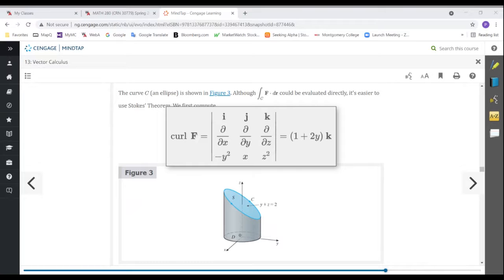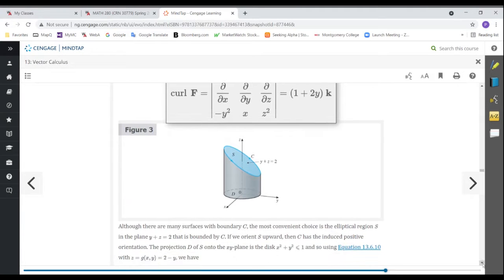In figure 3 you have a picture of the intersection between that cylinder with radius 1 and the plane y plus z equals 2. There is the intersection, and you have a curve C that is the intersection between that plane and the cylinder.